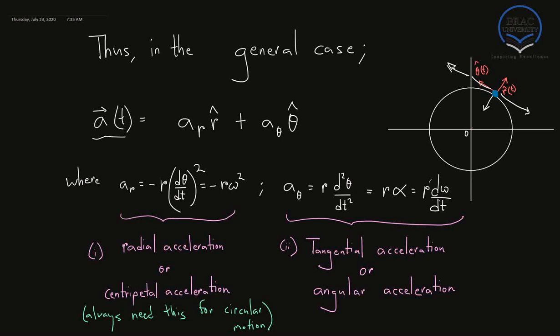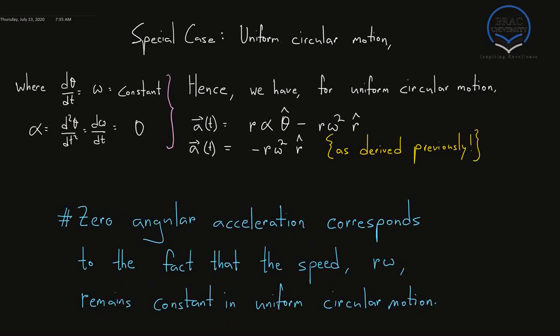So let's look at all this in detail now. First, let's think back to the special case. The special case was uniform circular motion. What was that? In the special case, d theta by dt, which is omega, was a constant. In which case, alpha, or d squared theta by dt square, is d omega by dt. That's 0, right? So hence for uniform circular motion, we simply get back the expression that we had always, which was a t equal to minus r omega square r hat, right?